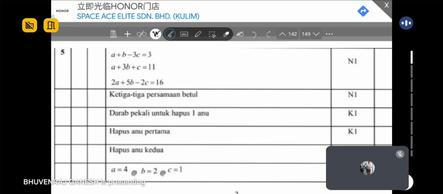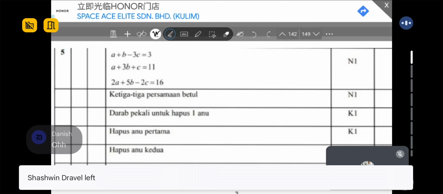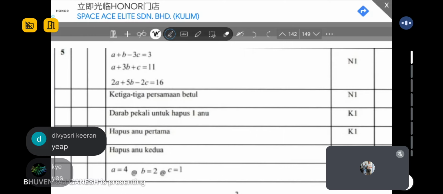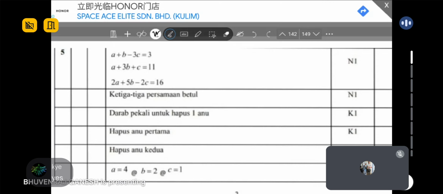Usually for penghapusan, dia akan datang sekali dengan penggantian. Kamu semua perasan tak guys? Usually the elimination method will combine with the substitution method when you solve. Because at the top you eliminate, but when you get the answer, you must substitute. Kamu kena gantikan balik kat persamaan atas untuk dapat jawapan. But if you use substitution, kalau kamu guna kaedah penggantian, tak ada penghapusan.